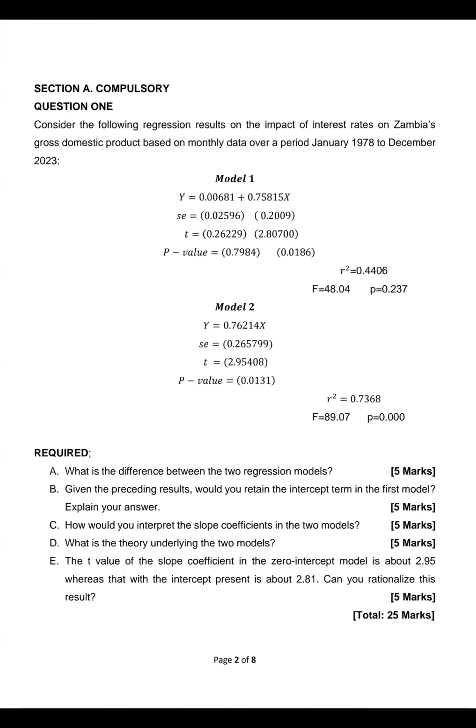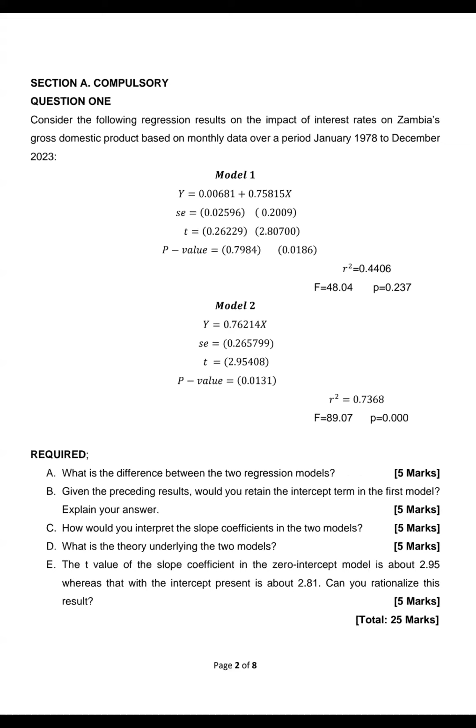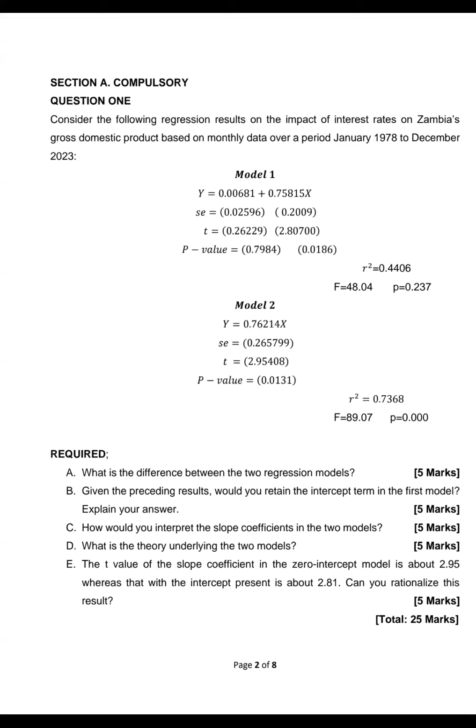Yeah, so question number 1, section A, says: consider the following regression results of the impact of interest rates on Zambia's GDP. Which means GDP is the dependent variable, right?